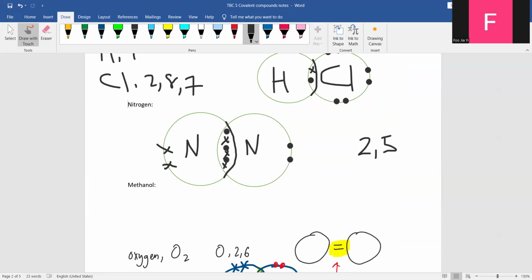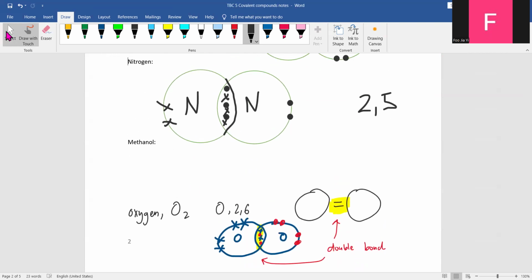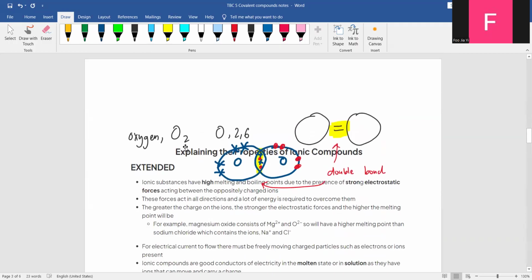Jia Yi, correct? Oh, okay. Now you understand? Okay, last one, methanol.